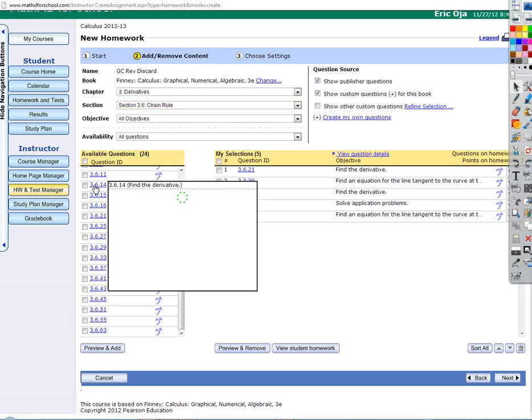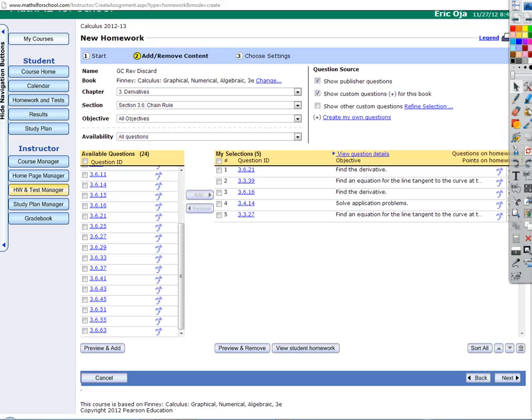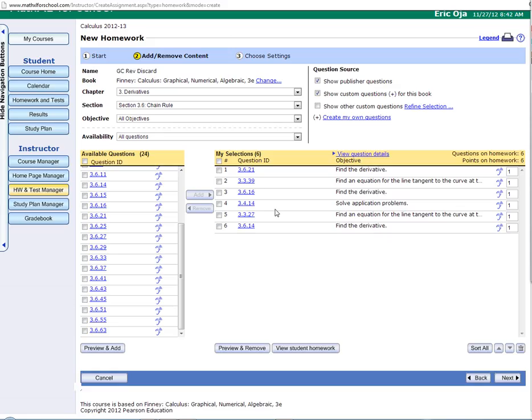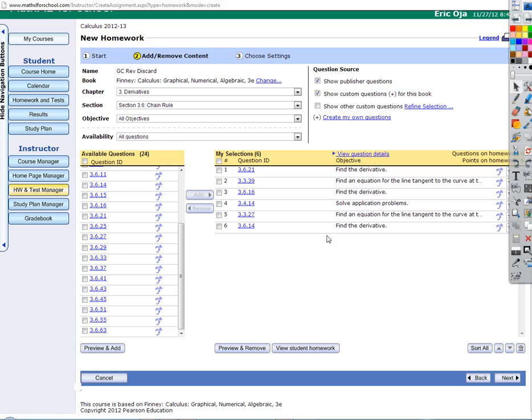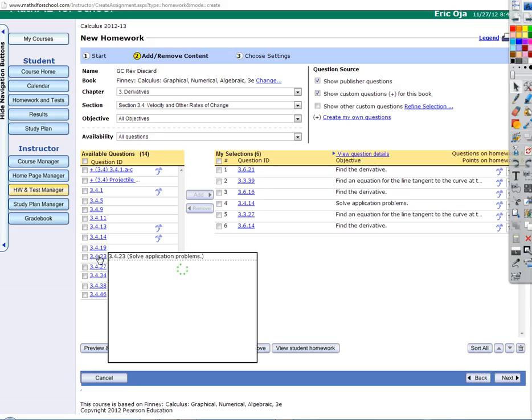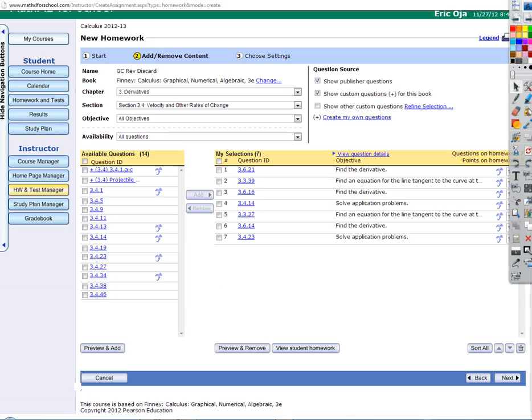That guy. No, it's not that guy. Let's do. Oh, okay.